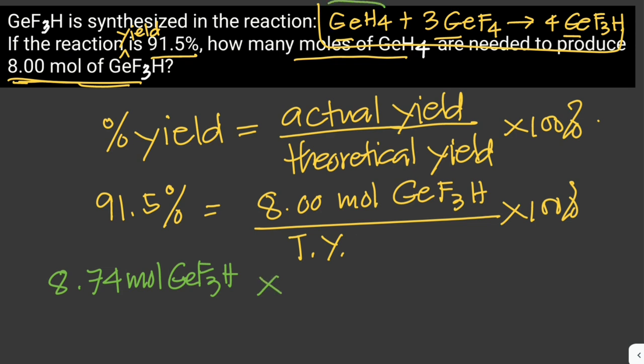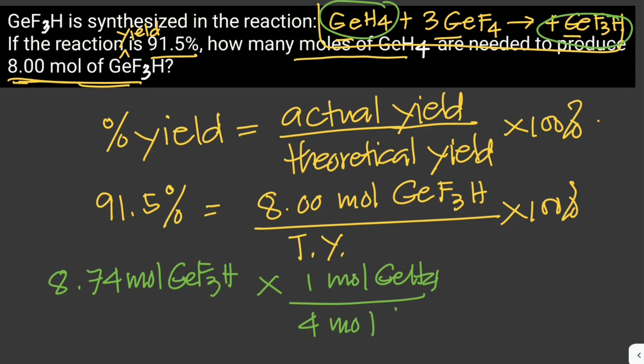So 1 mole of GeH4 is to 4 moles of GeF3H. Then the number of moles of GeF3H cancel out.